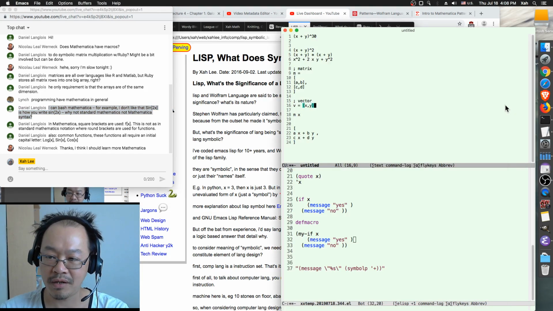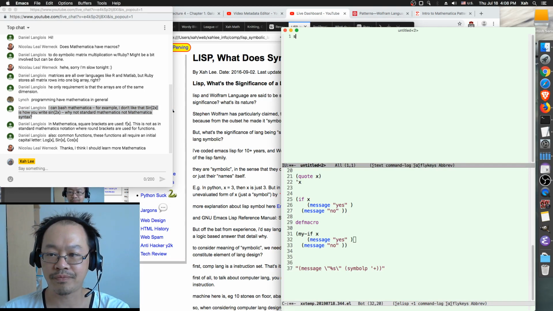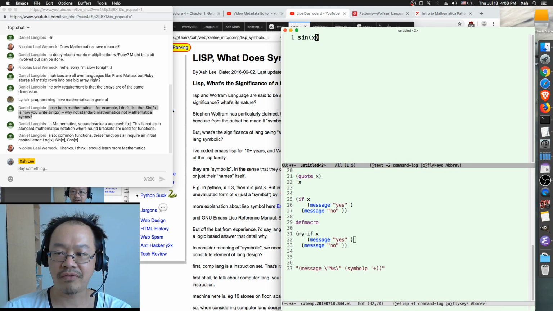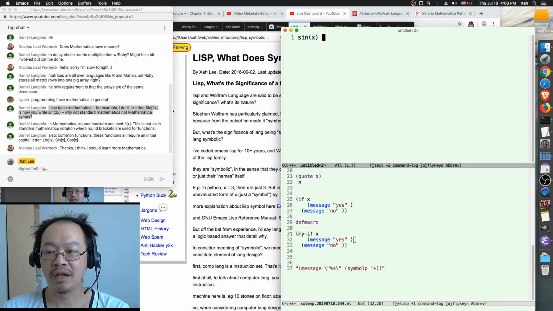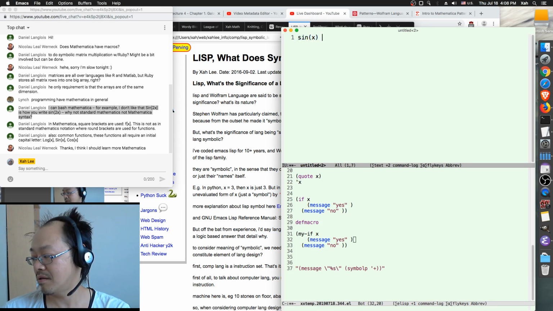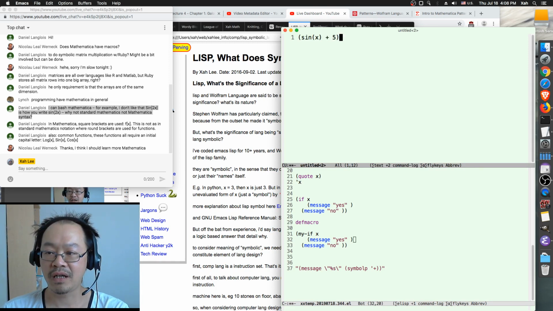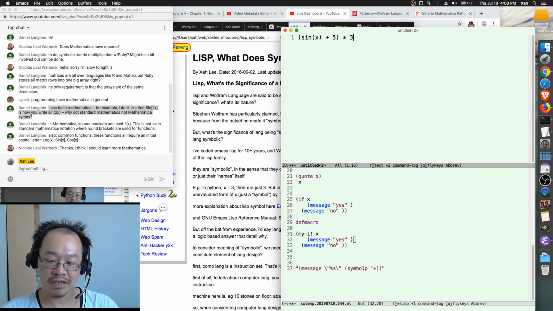For example, in typical math, you have, let's say, sine x, sine x plus 5, times 3. Now notice there are two parentheses. There are parentheses here, and there are parentheses here.